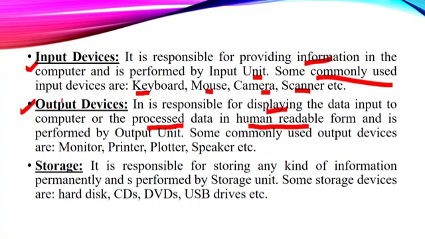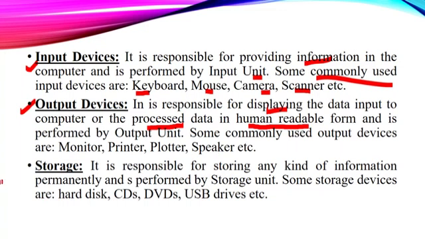So it means that output devices will show you all kinds of output. Some most commonly used output devices are monitor, printer, plotter, and speaker. We have many other output devices also, but these are some of the most commonly used ones. Now there is a homework for you all. You have to write at least four input and output devices in your notebook other than these.